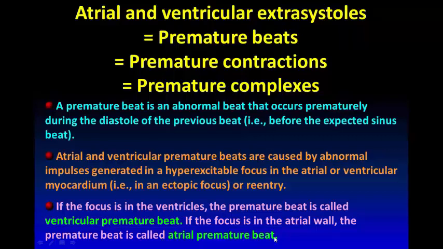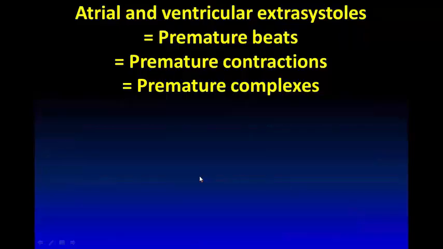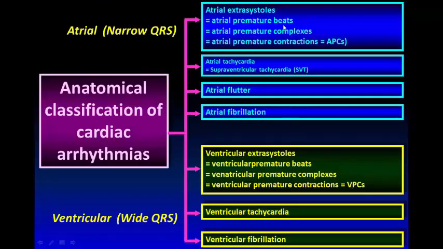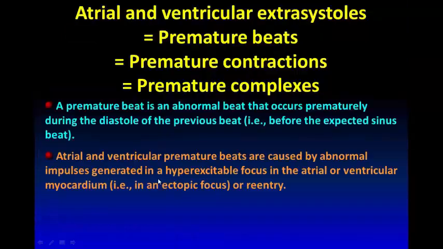We shall now first describe atrial premature beats, then we will describe atrial tachycardia, the supraventricular tachycardia, followed by atrial flutter, then atrial fibrillation, and when we have finished describing the atrial arrhythmias, we shall move on to describe these important ventricular arrhythmias.